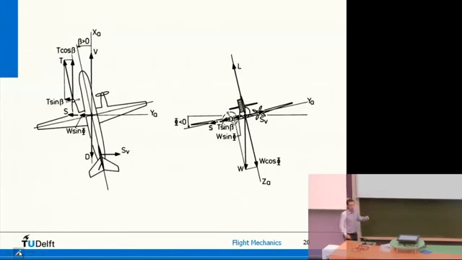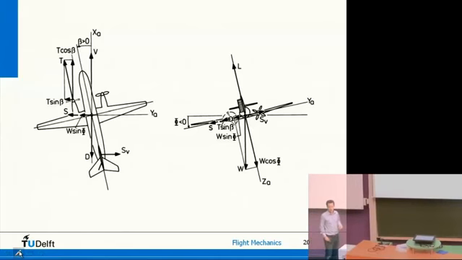That will be the case, for example, if you have an engine failure. If one of the engines fails, then the other one has to provide all the propulsive force. That means you get a moment around the aircraft center, and the aircraft nose will want to go to the left or the right, and you have to compensate for that with a rudder input. Even though you can fly with an engine failure, it's not something you would call symmetric.